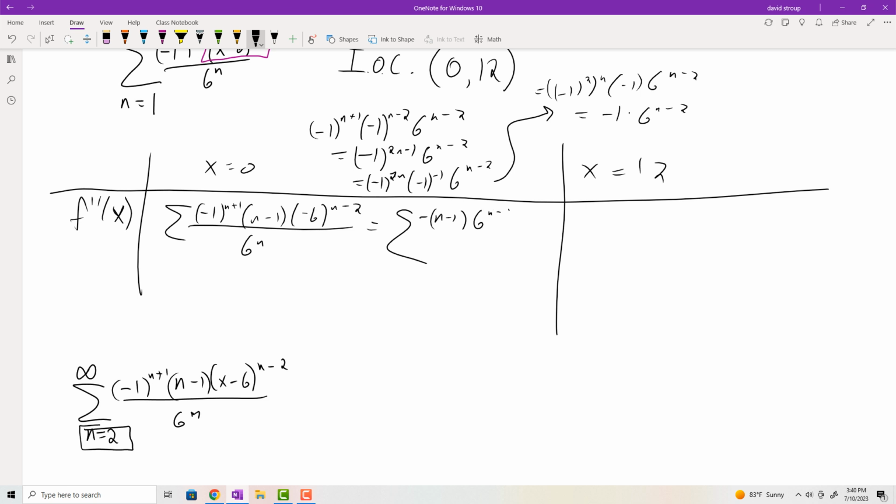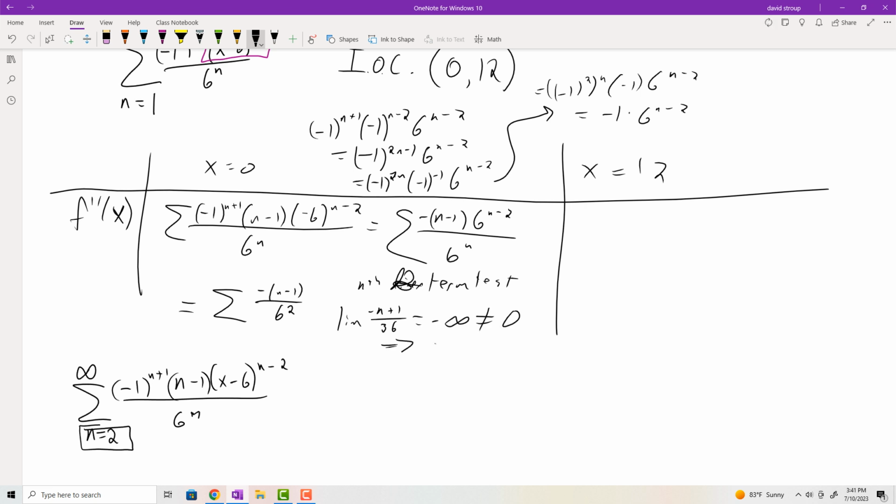And then 6^(n minus 2) all over 6^n. So exponent rules again. The sum of -(n minus 1) all over 6^(n minus (n minus 2)), which is 6 squared. And then you can do the nth term test. That's going to be divergent all over the place. So the limit of -(n minus 1) all over 36 is going to be -infinity, which is not 0. In other words, it's divergent.